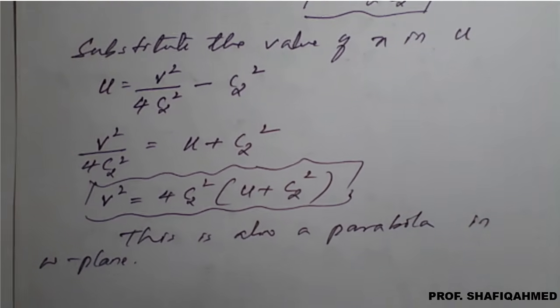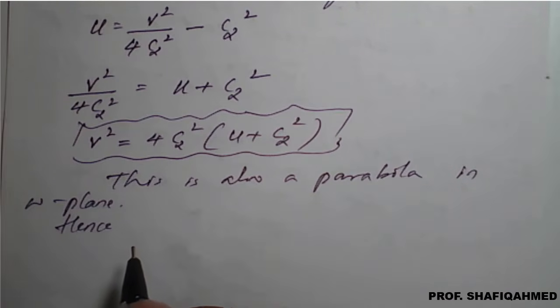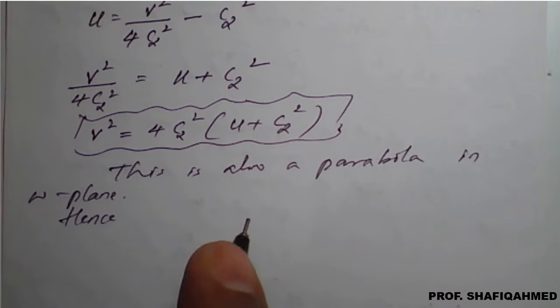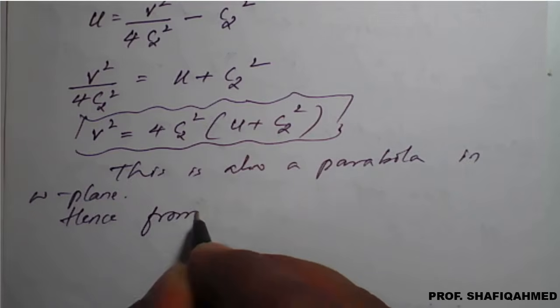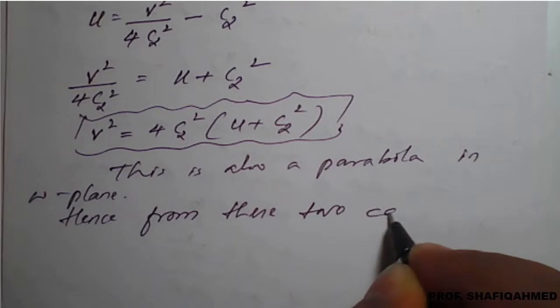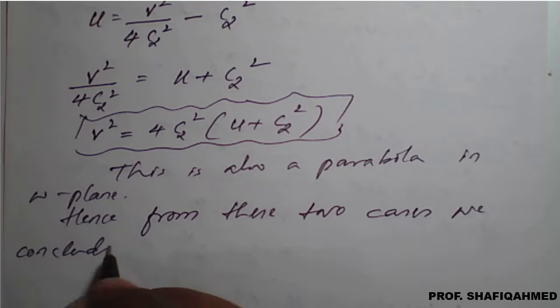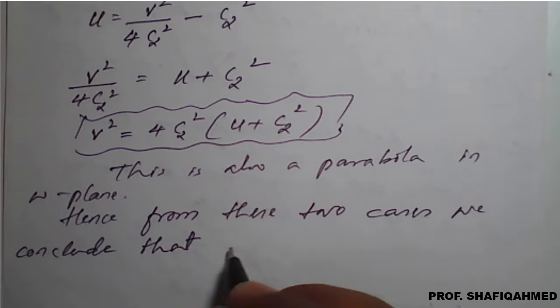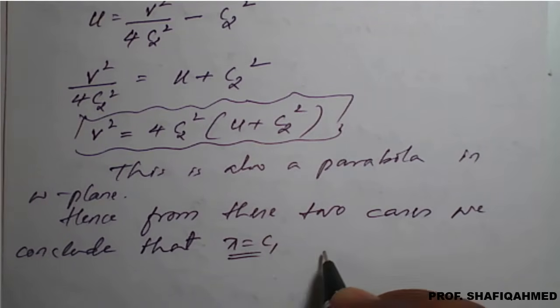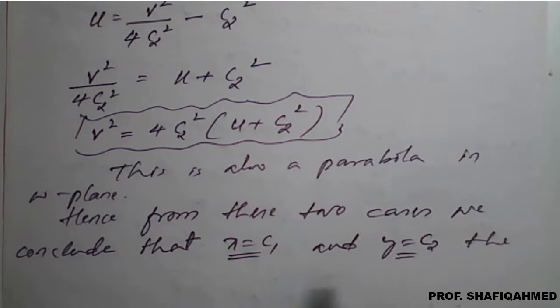Therefore what we can conclude here, just see: from these two cases, x is equal to c1 and y is equal to c2 are straight lines, because x is equal to any value and y is equal to c2, both are constant, which means both are straight lines.